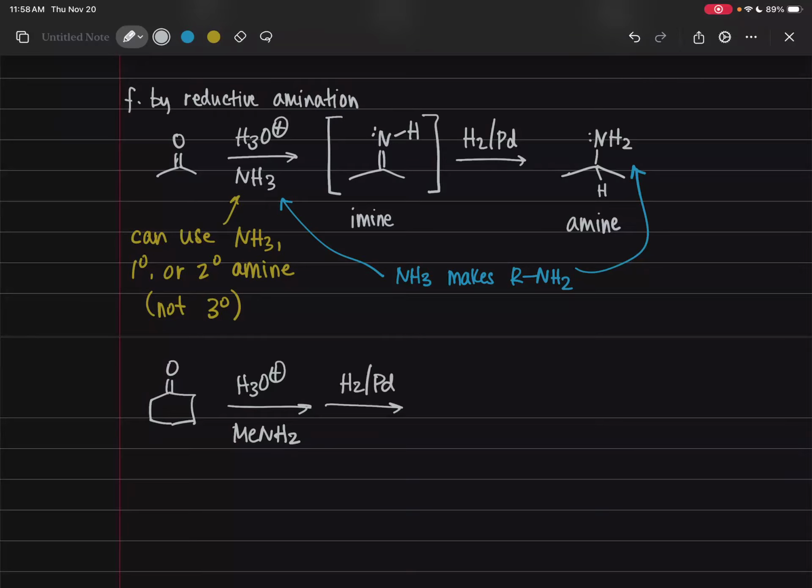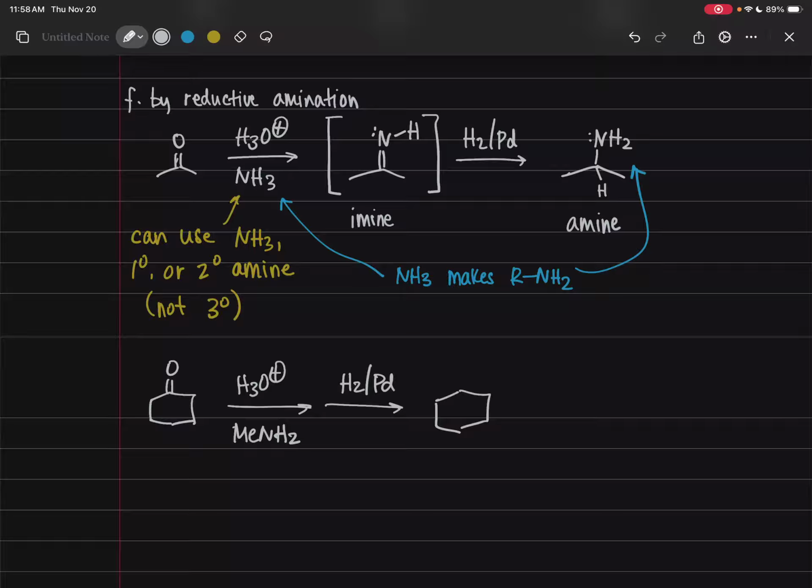I'll skip the imine intermediate, just looking for the product here. So, just like with the rest of carbonyl chemistry, we should draw all of the part of the molecule that isn't related to the carbonyl.